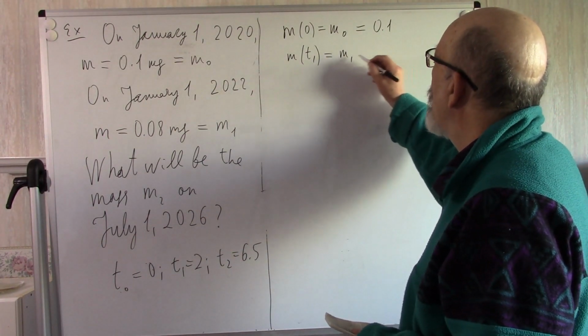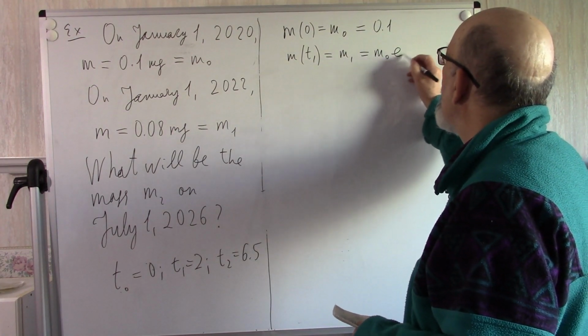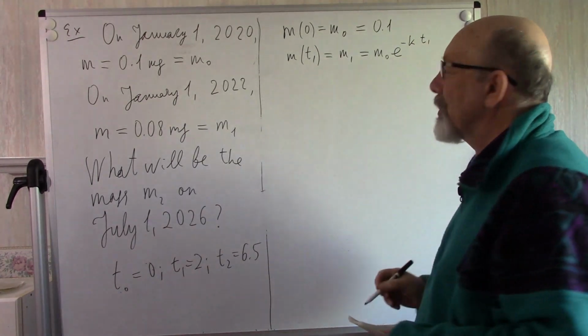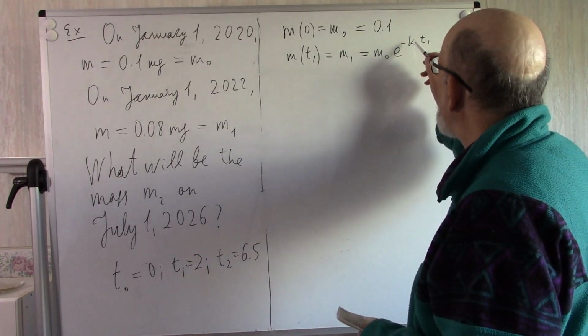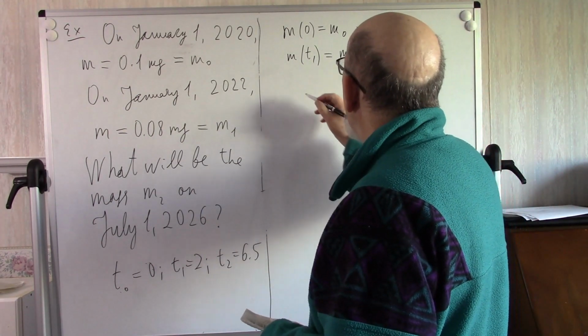M1 equals M0 e to the minus K times T1. So we have to find K. T1 is known.